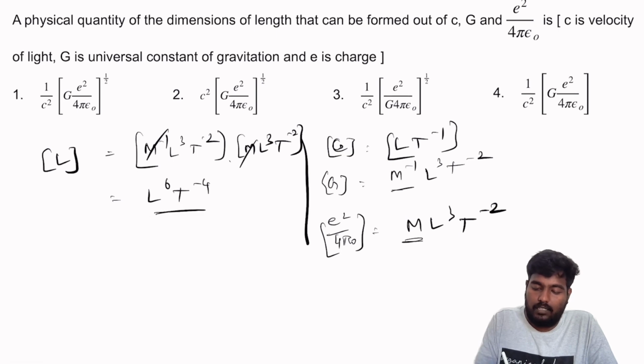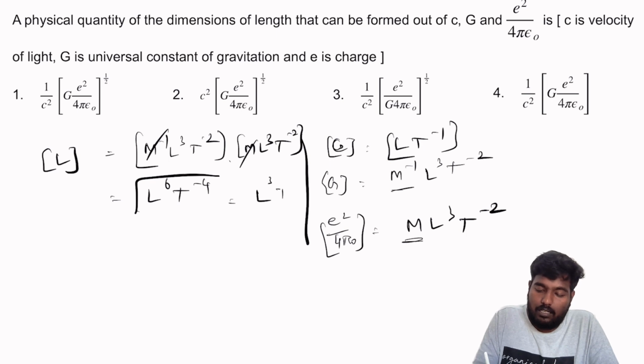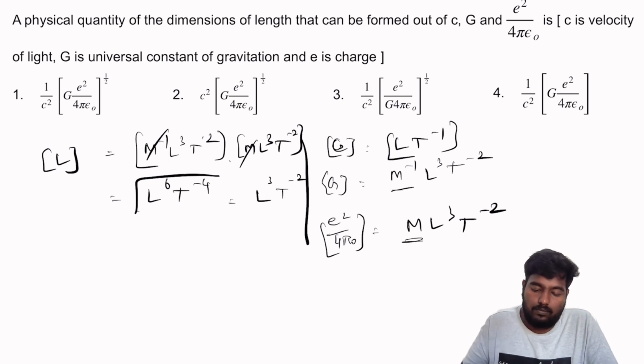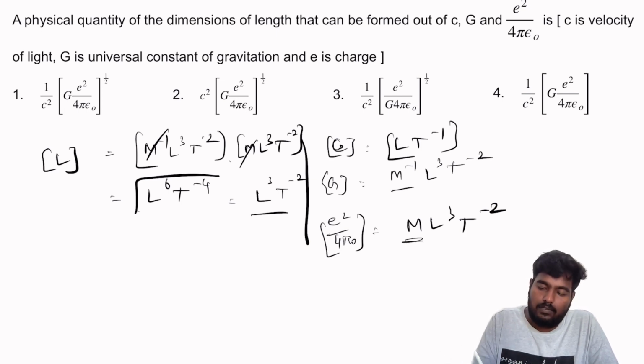If I take the square root of this, then I will get L power 3 T power minus 2. Now if I divide this by C square, which is L square T power minus 2, I will get only the L.